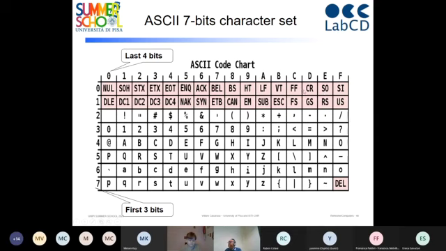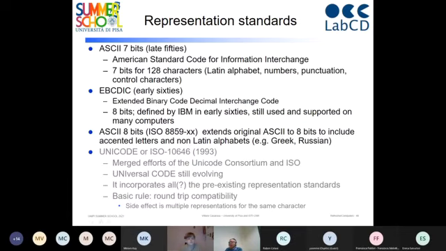In any case, this table was defined in the early 50s and went on until the 60s. Why? When IBM, you remember my chart from before, came out in the 60s with the byte architecture, all the computers started using the same architecture, and the minimum packet of bits used internally in computers was the packet of 8 bits.